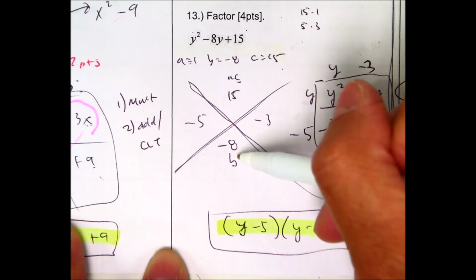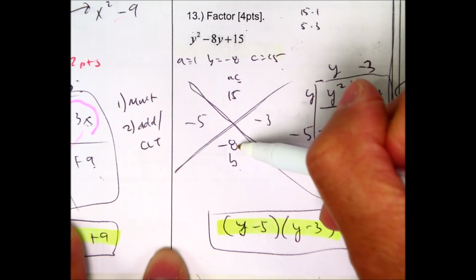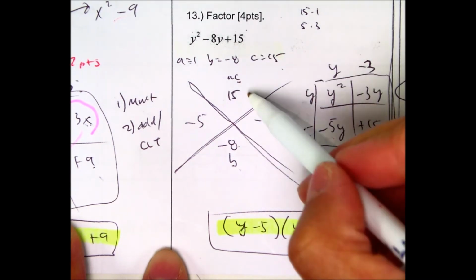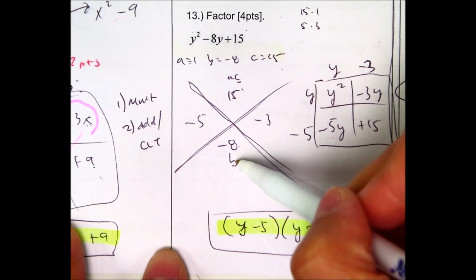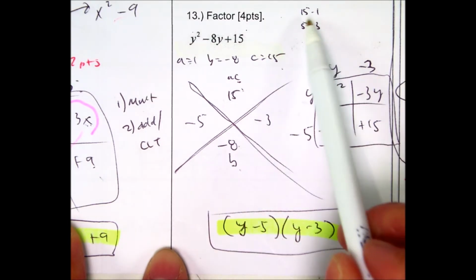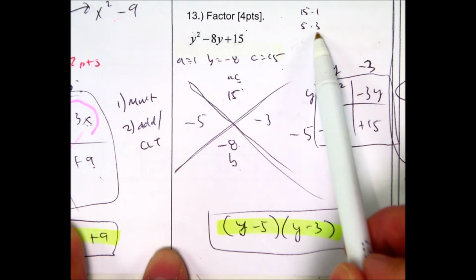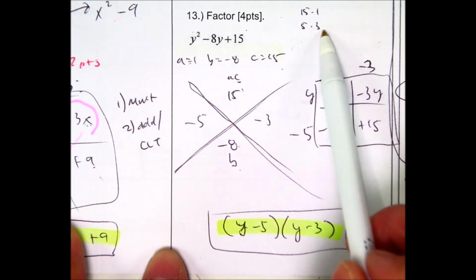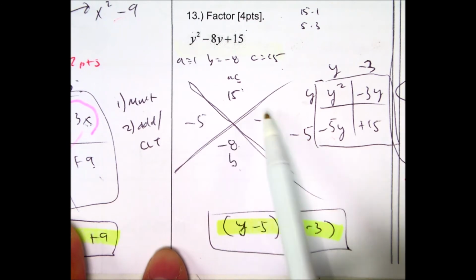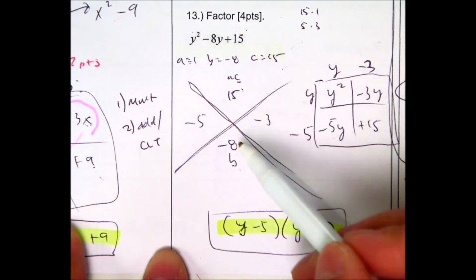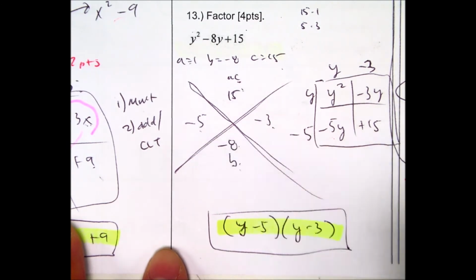You have your b value at the bottom, which is -8. I need two numbers that multiply to be positive 15 but add to be -8. I listed out my factors here, 15 and 1, 5 and 3. Well, 5 and 3 would add up to a positive 8. So a negative times a negative is a positive, and they add to be negative 8.